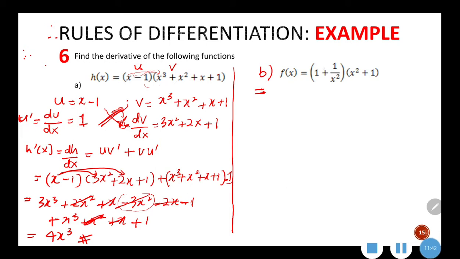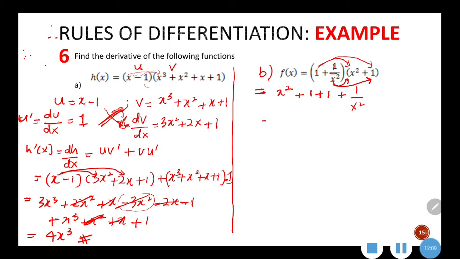We can try to make these two functions one function, as I said earlier. Try to multiply: 1 times x square, you get x square plus 1. Then 1 over x square times x square, you get 1. And then 1 over x square times 1, you get 1 over x square.